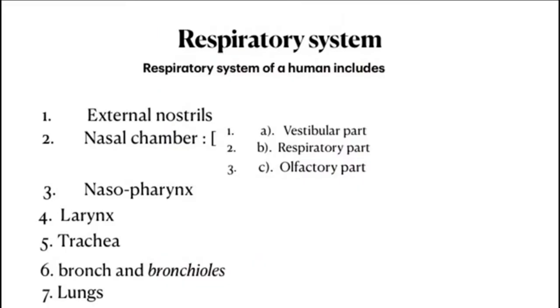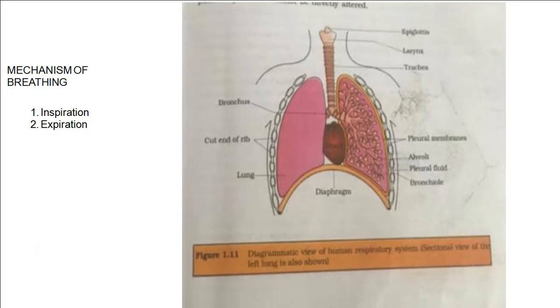The respiratory system of man includes the external nostrils, the nasal chamber. In the nasal chamber we have the vestibular part, respiratory part, and olfactory part. Then we have the nasopharynx, larynx, trachea, bronchioles, and then the lungs.